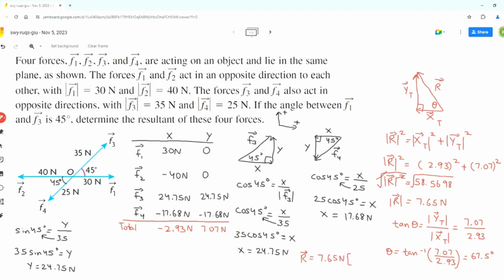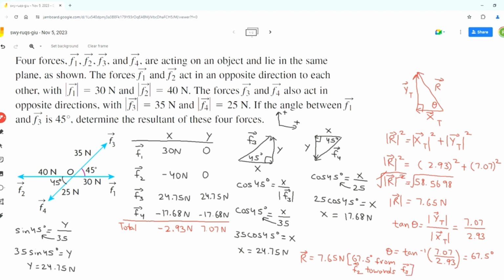And the direction is 67.5 degrees from F2 towards F3, because F2 is directed to the left side. So this should be the final answer for this problem.